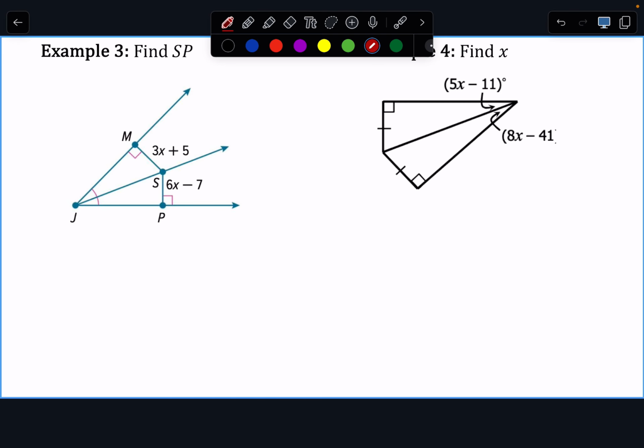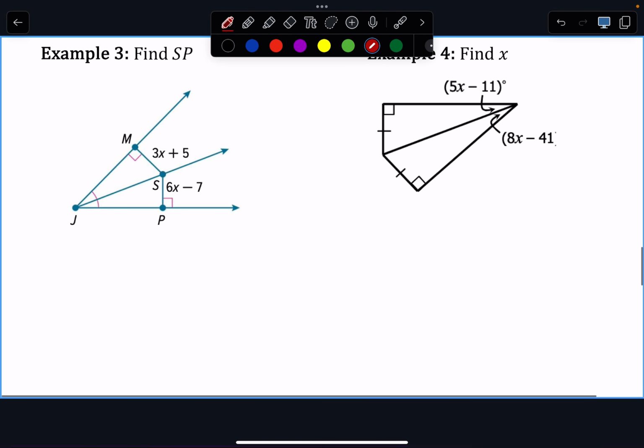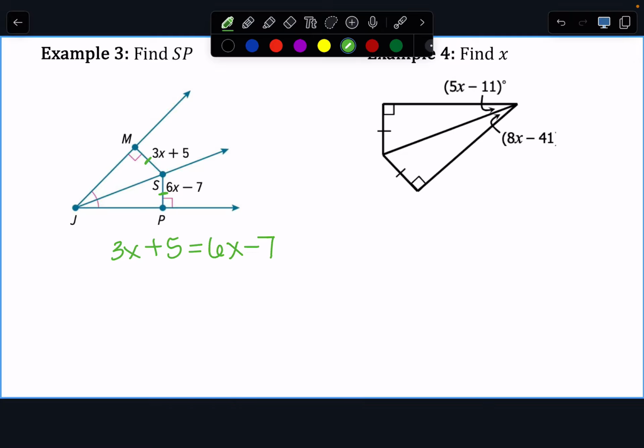Okay, so let's look at example 3. What is ray JS? It's an angle bisector. And since it's an angle bisector, then we know these two segments are congruent, which means 3x plus 5 equals 6x minus 7.